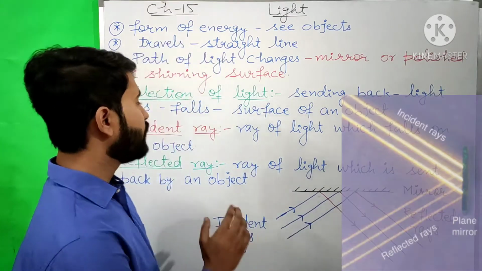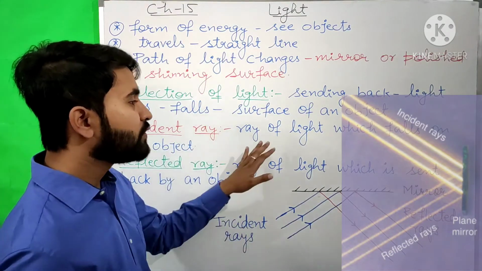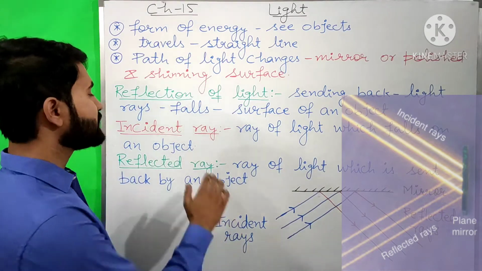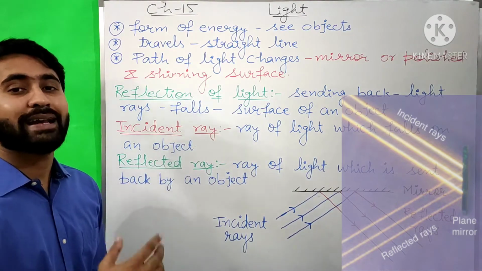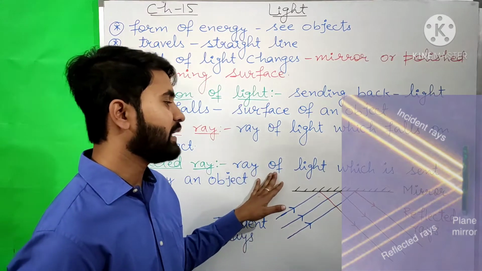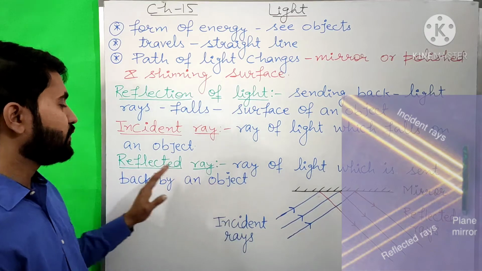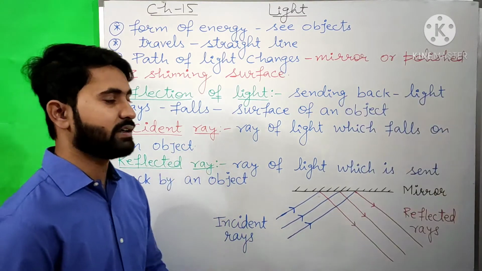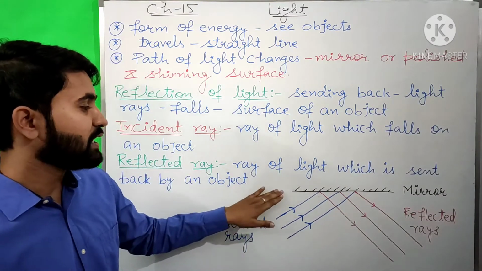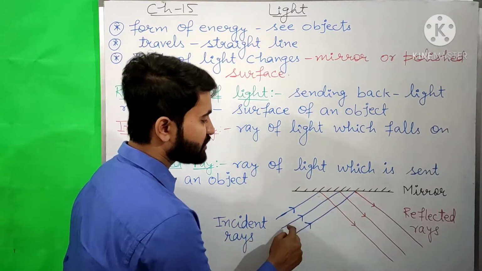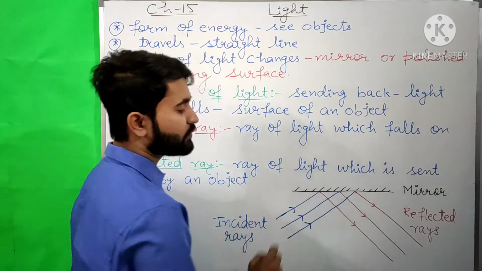Now the ray of light which falls on an object is known as the incident ray, whereas the rays of light which are sent back by an object are known as reflected rays. Suppose this is a mirror and these are the rays which are falling on the surface of the mirror.